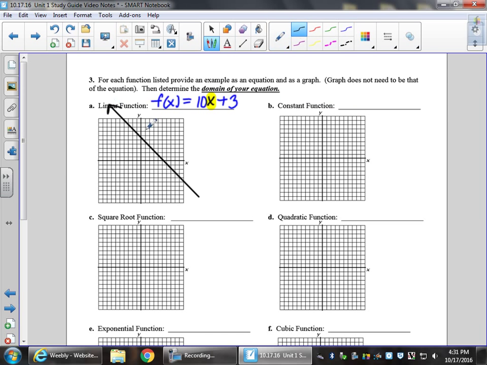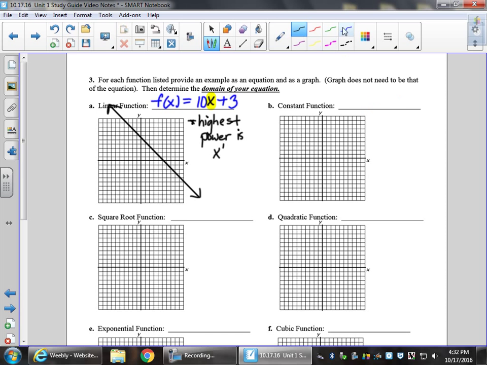Making sure you have arrows on both ends. So for linear, just a little note, highest power is x to the first. We just usually don't write the 1. There's no square roots, there's no other exponents, there's no denominators, just straight up linear function.